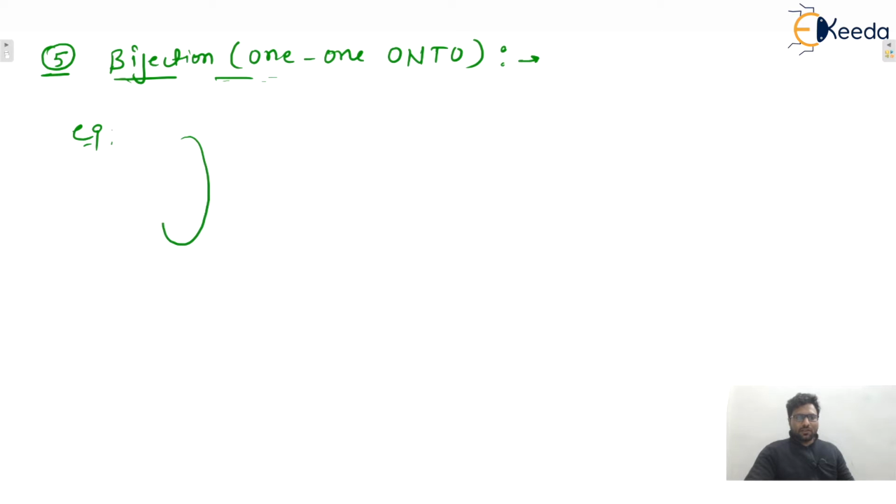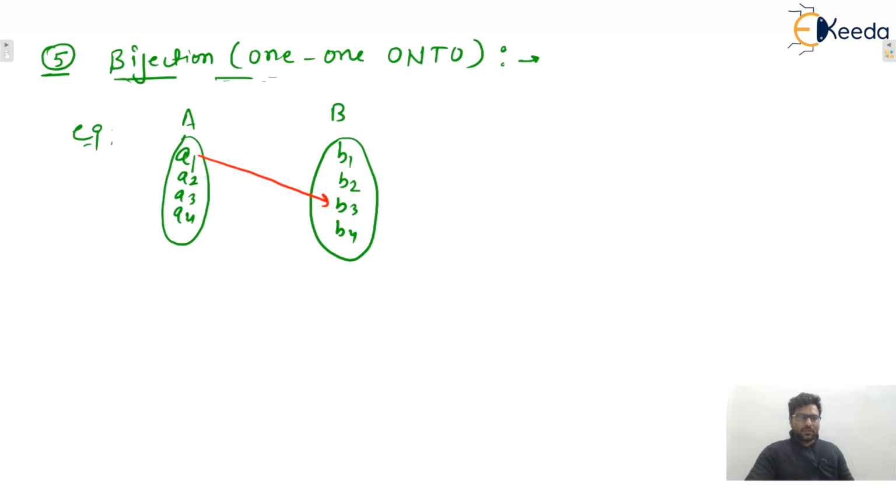Let's say one function is from set A to set B, and the elements of set A are A1, A2, A3, A4, and these are B1, B2, B3, B4. Let us consider one to one: A1 is associated with B3, A2 is mapped with B1, A3 is mapped with B2, and A4 is mapped with B4. So there is one to one correspondence, and here range is equal to codomain.